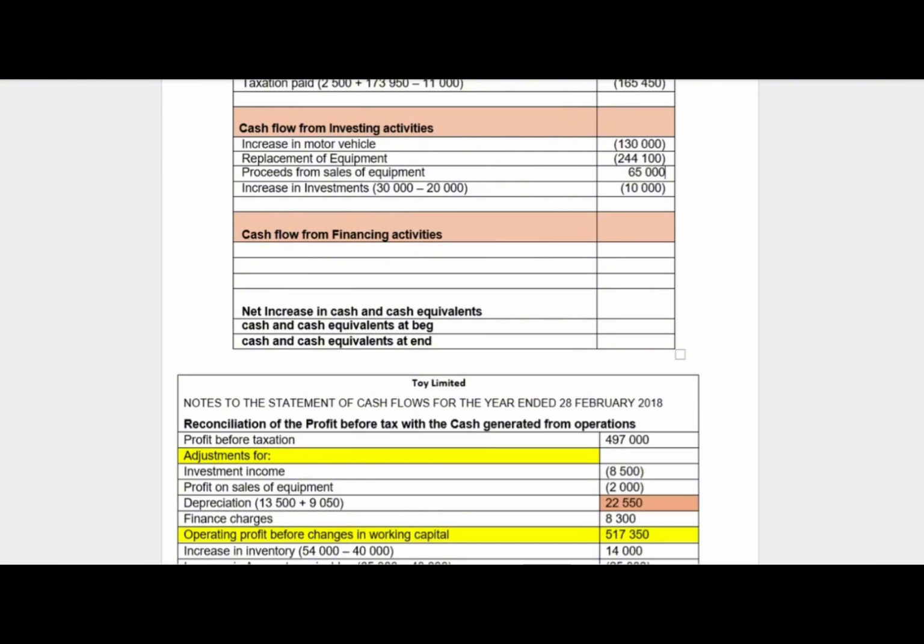All right, we are done with the cash flow from investing activities. This is the most challenging activity that you have a lot to master from, right? And now let's calculate our cash flow from investing activities.